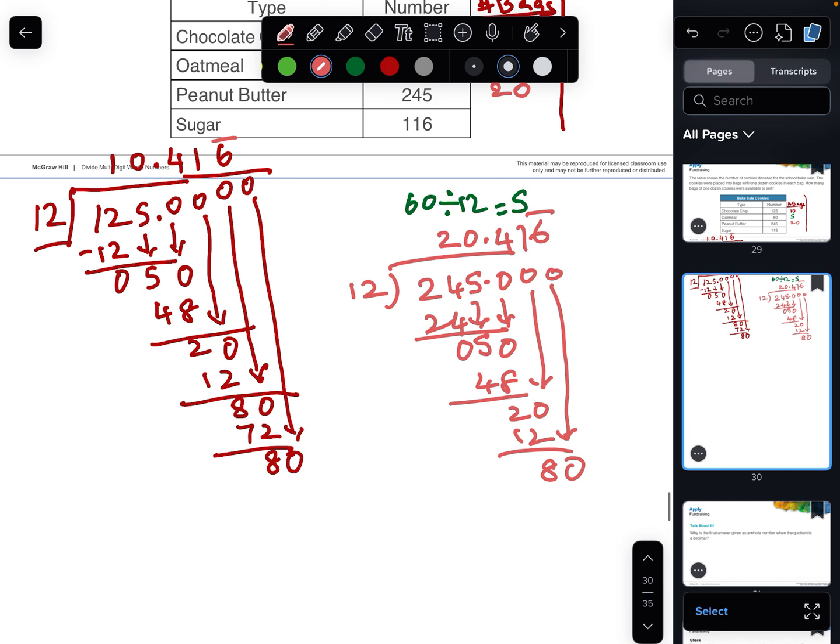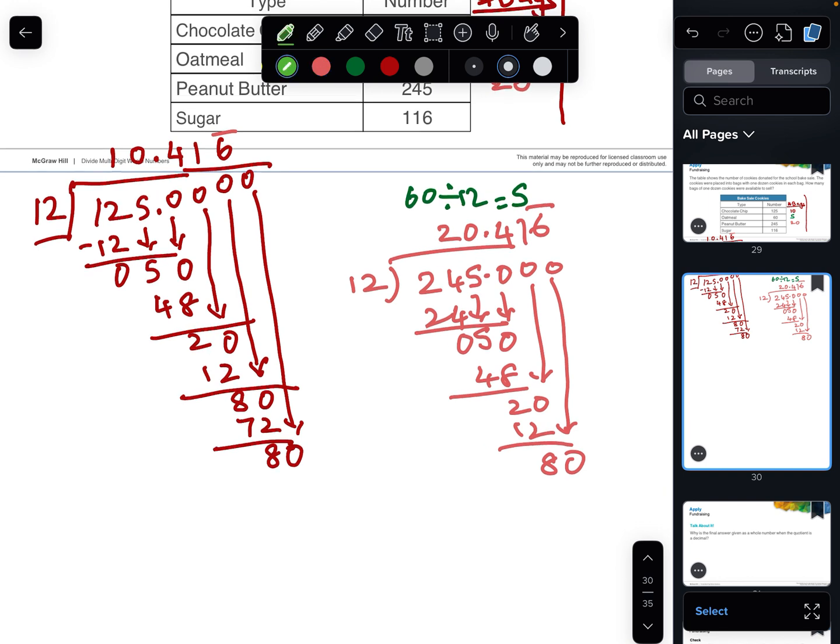Then my last is sugar cookies, 116 divided by 12, that's 0. In 116, 12 goes, let's see, 9 times. That would give me 108.